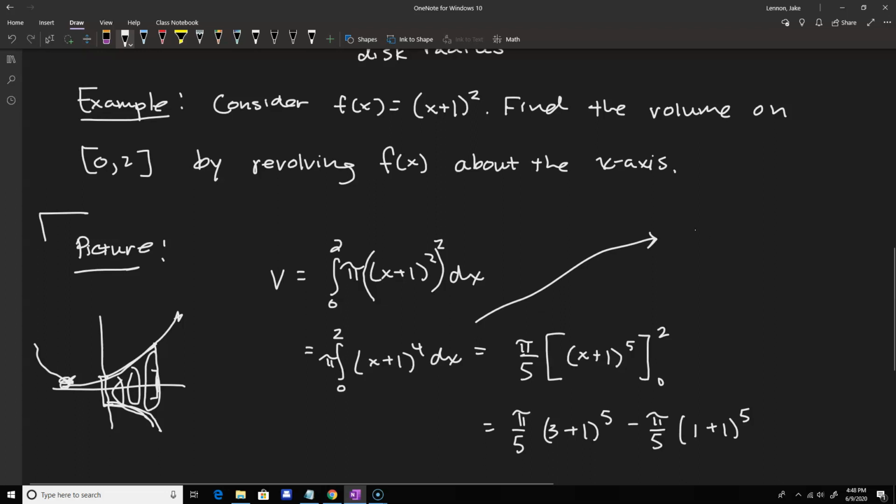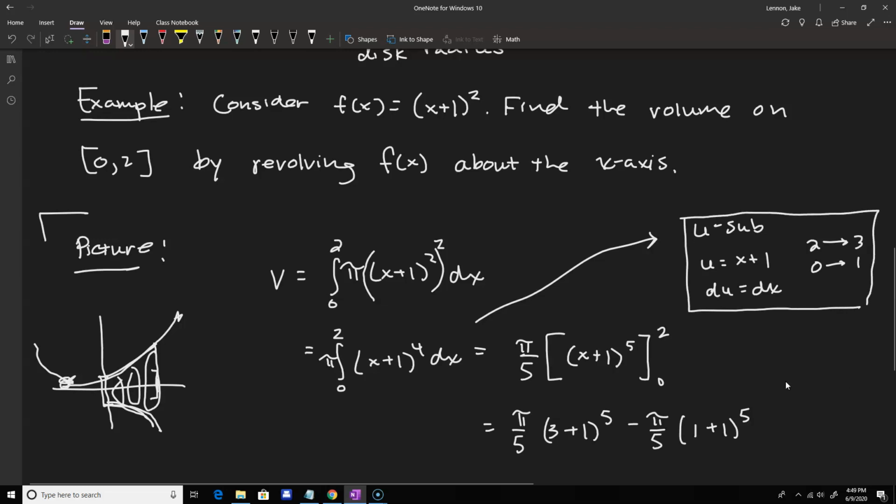So essentially the U sub is u equals x plus 1, and then du is equal to dx. So from the U substitution, the limits 2 becomes 3, and 0 becomes 1.